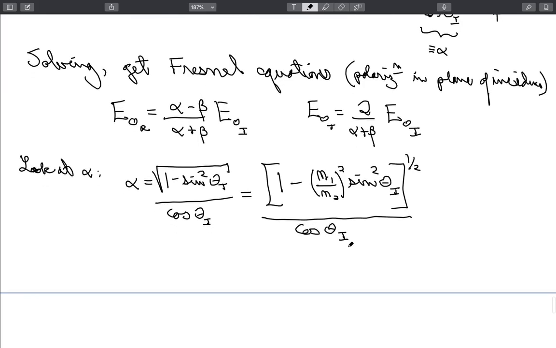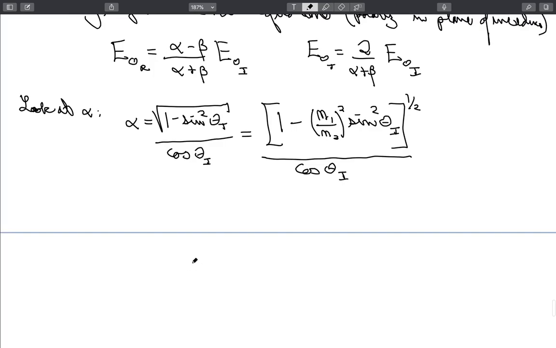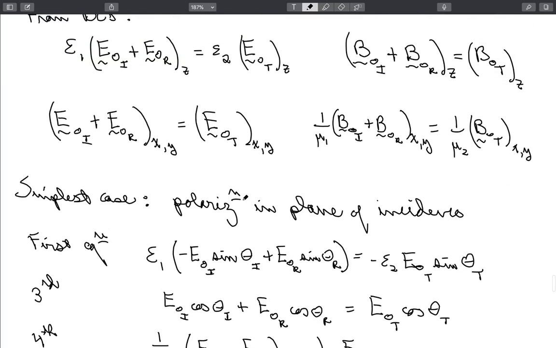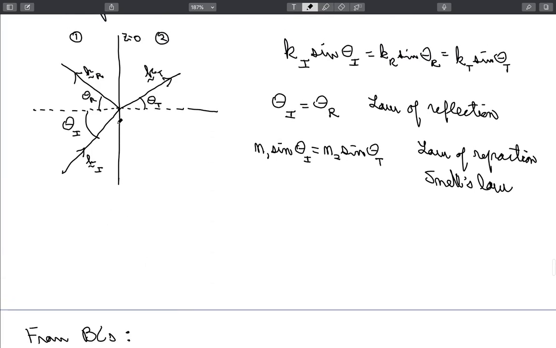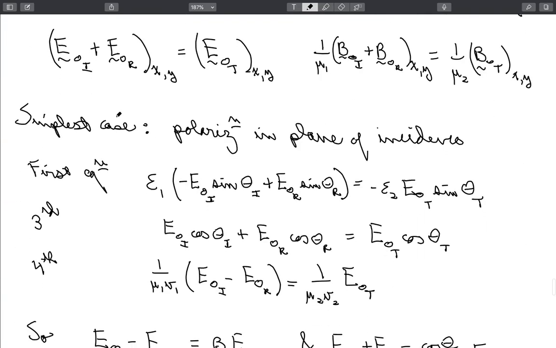This is nice because I only need the incidence angle to determine everything in the reflected and transmitted amplitudes, and therefore intensities. Once again, for theta I equal to 0, this goes back to what we had before. If I take the incidence angle to be pi over 2, so I'm really just having a wave that comes grazing my surface at a very, very shallow angle, then what happens?